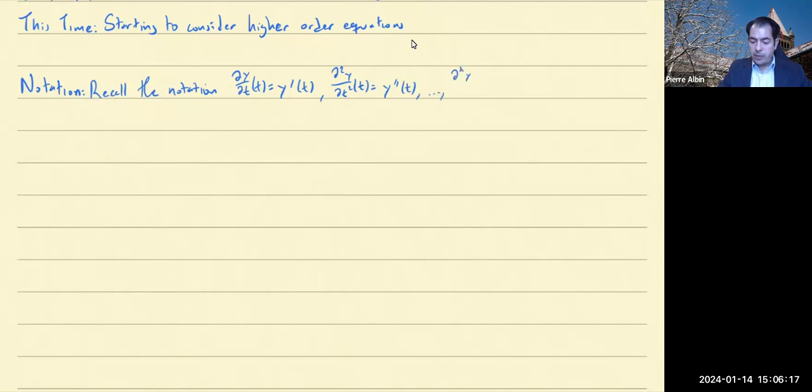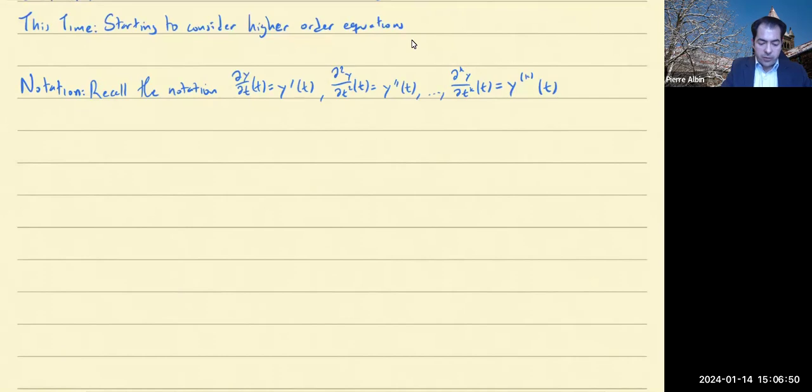The kth derivative in this notation would be y, and then we put parentheses and a k, t. The parentheses are so that we don't confuse this with y raised to the kth power or y composed with itself k times. So we use these parentheses to remind ourselves that this means k derivatives of y.